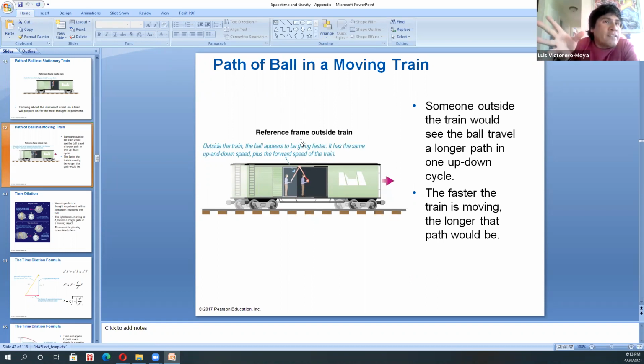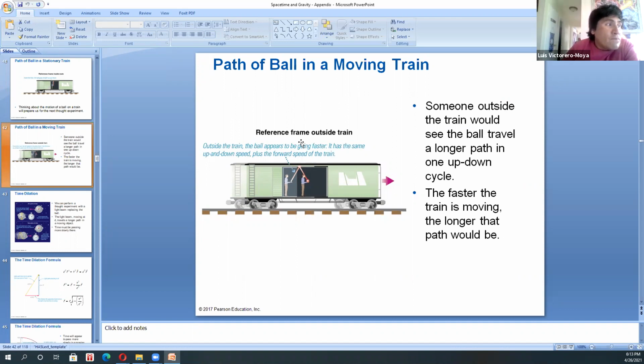For example, we normally say that the Earth, where we are right now, can be a good point of reference to study the motion of the stars. But guess what? Our planet is also moving. So there is not really a perfect reference frame. But for local situations like what you're seeing right now, being outside of the train can be a good frame of reference.